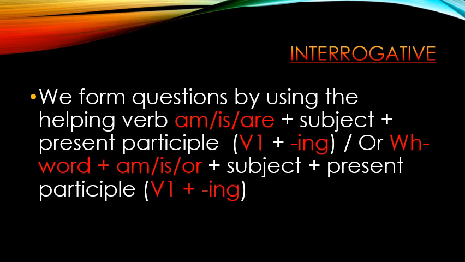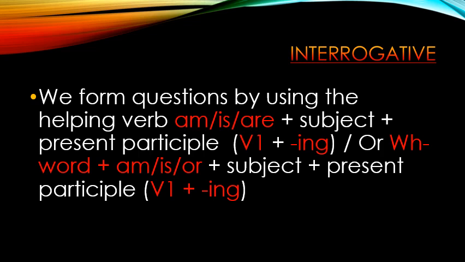We form questions by using the helping verb at the beginning. I write am, is, or are at the beginning of the sentence, then I mention the subject, then the present participle of the verb with ing.